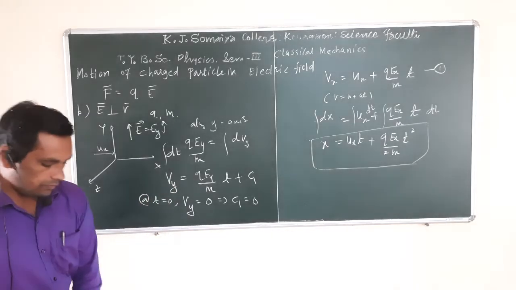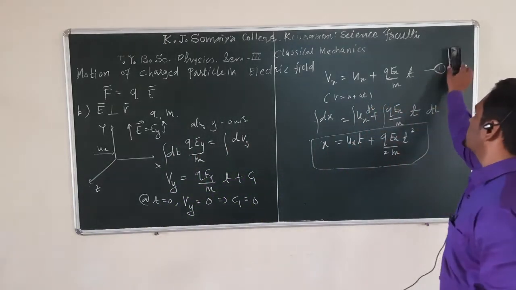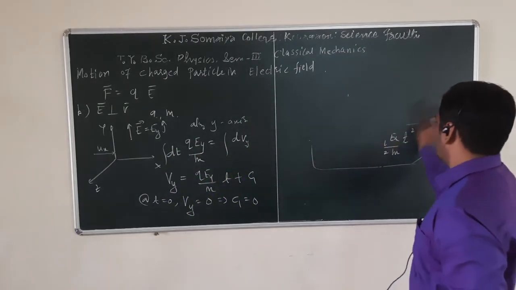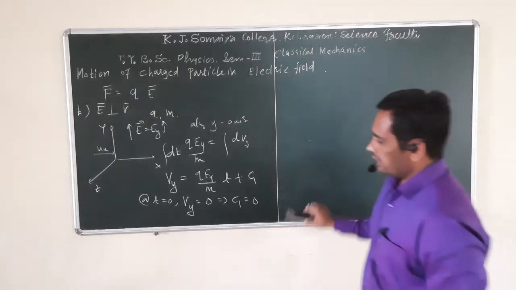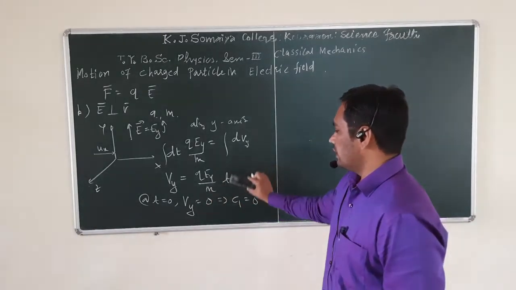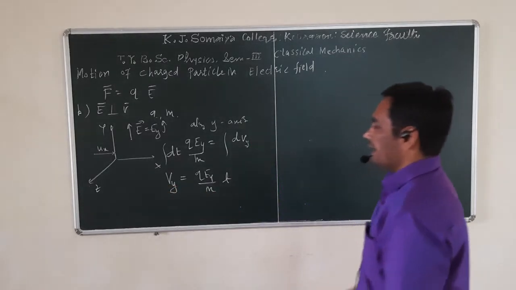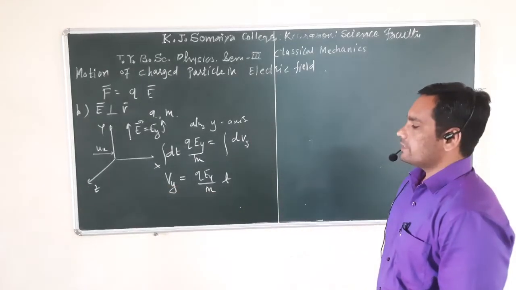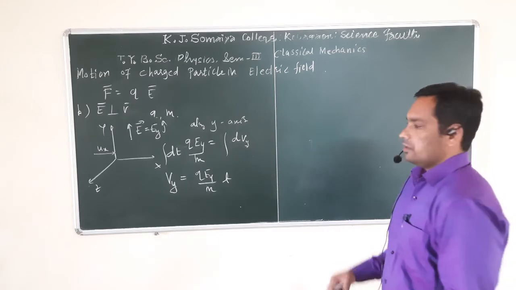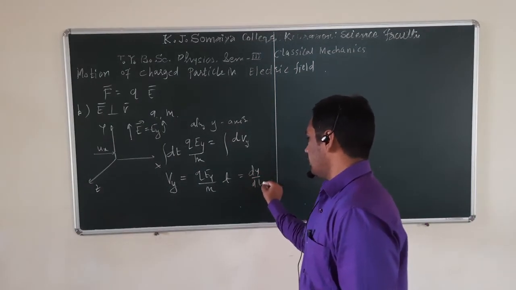So here we get vy is equal to q Ey upon m into t, by using initial conditions. Again, to find the instantaneous y position, we know that vy is nothing but dy upon dt.